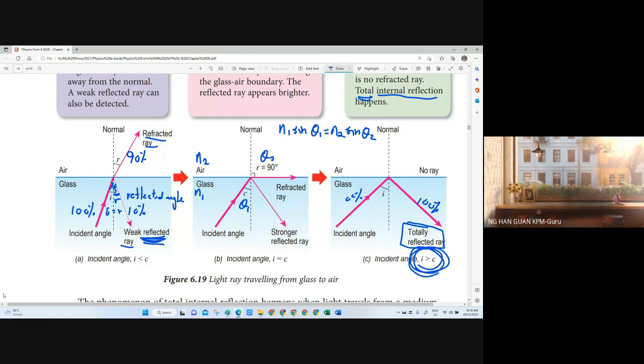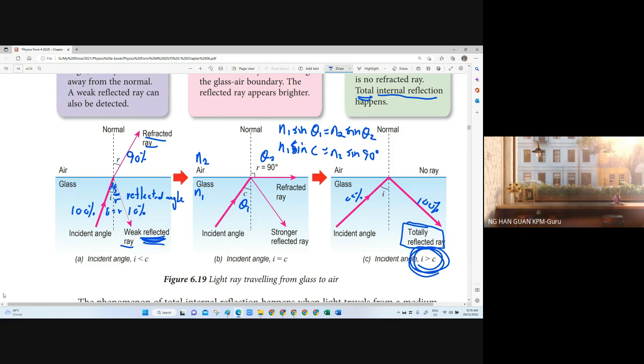Now theta 1 is our critical angle. So it means that N1 sin C equals N2 sin 90 degrees, since theta 2 is 90 degrees. So that's why we have this.